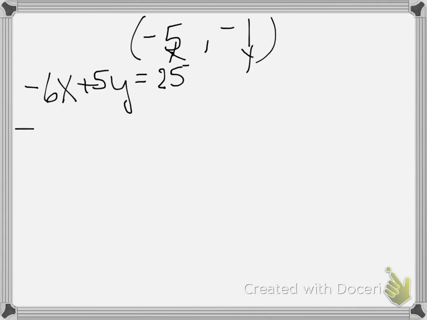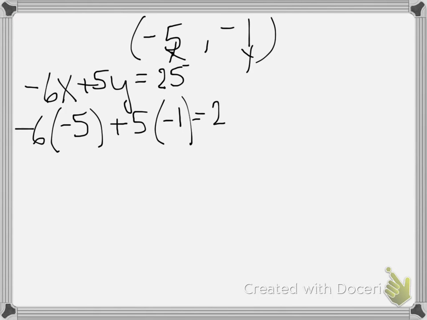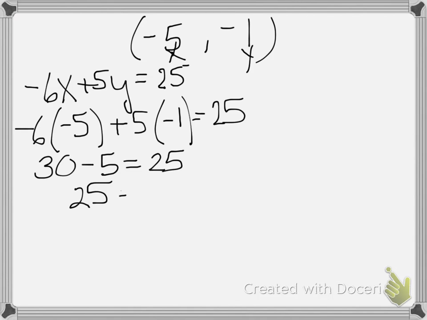So this is negative 6, remember open parenthesis, times negative 5 plus 5, open parenthesis, let's insert the value of y, negative 1, equals 25. Negative 6 times negative 5 is 30. 5 times a negative 1 is a minus 5 equals 25. And 30 minus 5 is 25 equals 25. And perfect. That worked out.